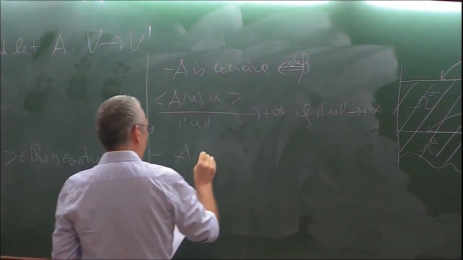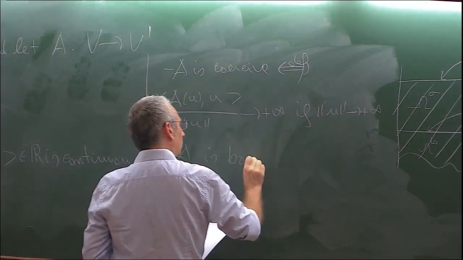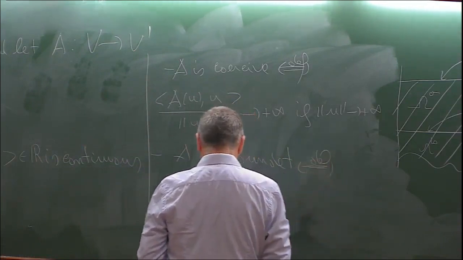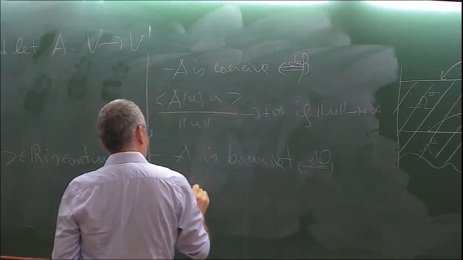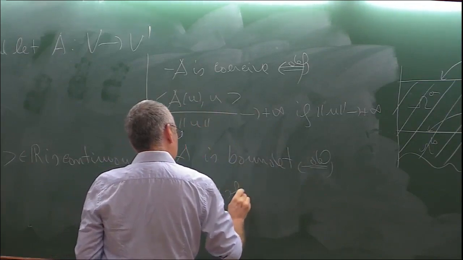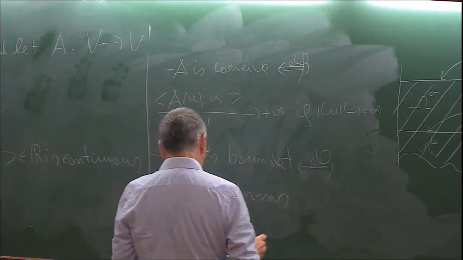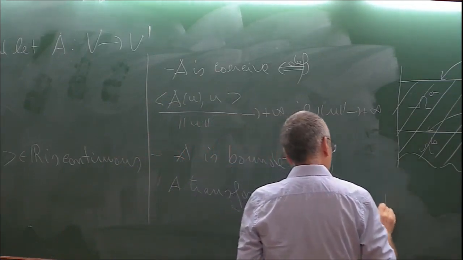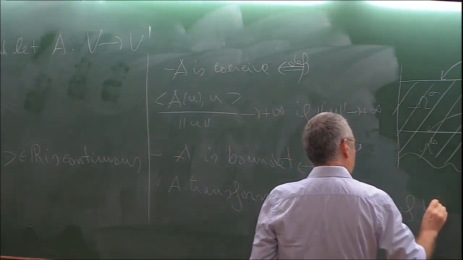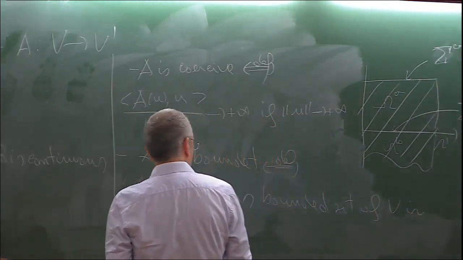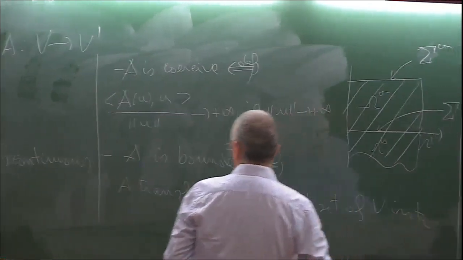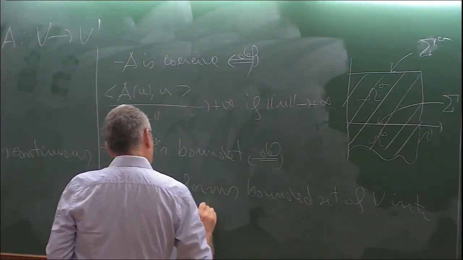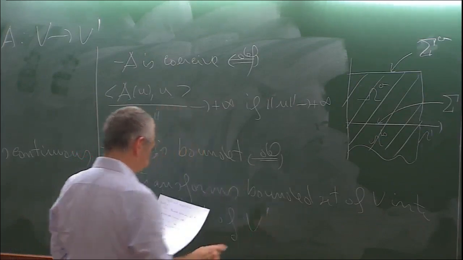A is bounded if and only if, by definition, A transforms bounded sets of V into bounded sets of V prime.